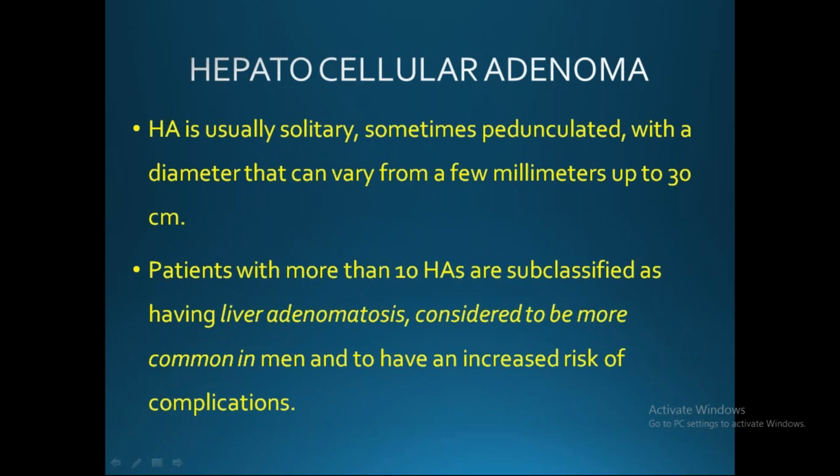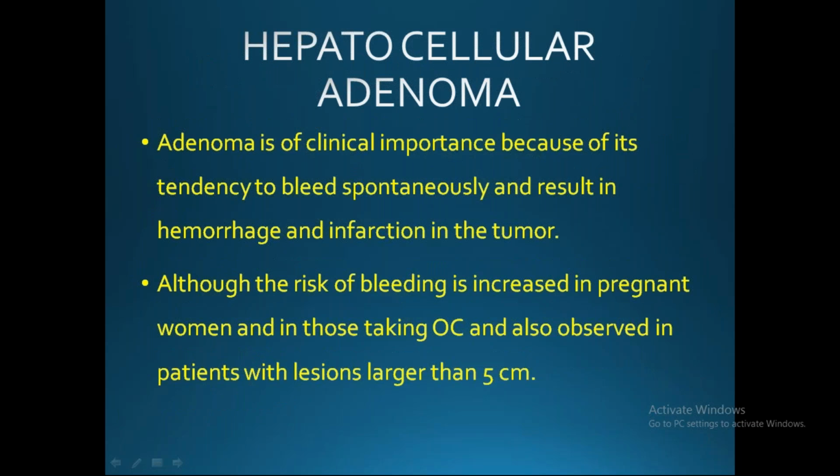Most commonly it is always a solitary lesion. It has an increased preponderance for bleeding. Sudden bleed and massive hemorrhage can be seen rarely in hepatocellular adenoma, so you should be watchful and vigilant about that.